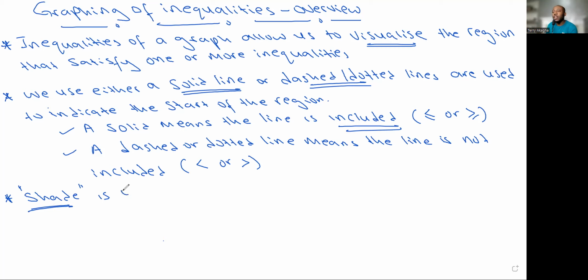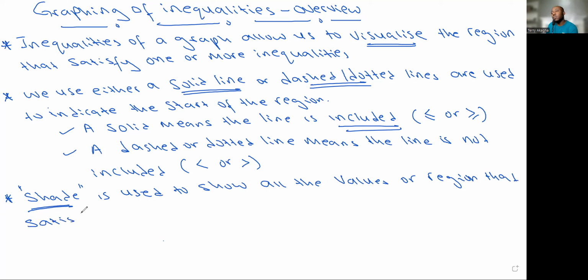So the shade is used to show all the values or region that satisfy the inequalities.